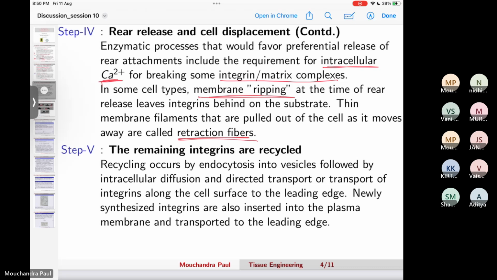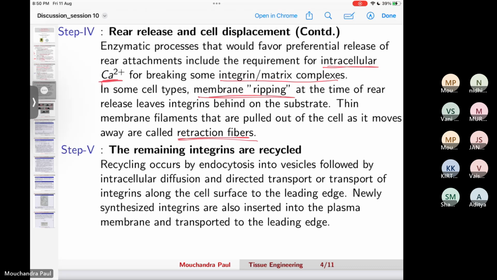Due to endocytosis, whatever content is there is encapsulated within a vesicle. This vesicle is transported towards the leading edge. When these integrin receptors reach the leading edge, they again go to the cell membrane and help in adhesion.